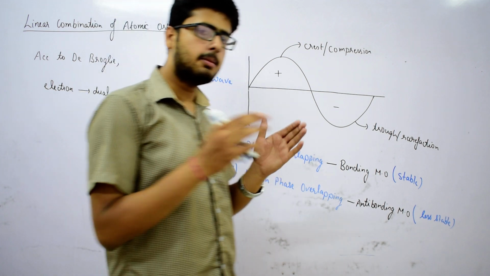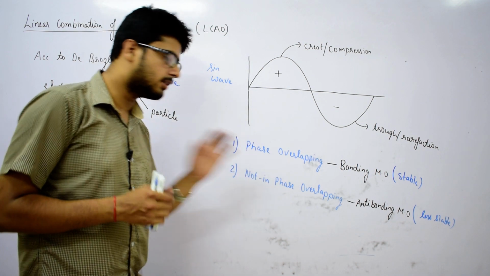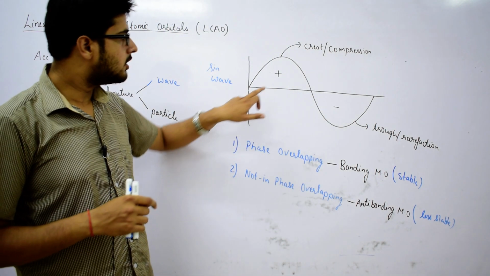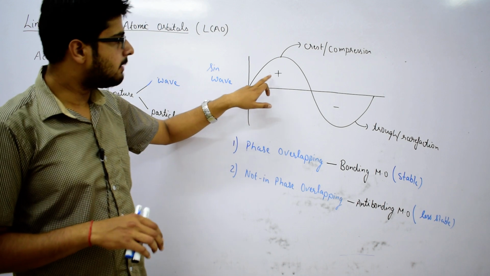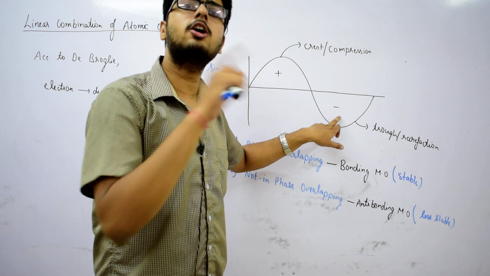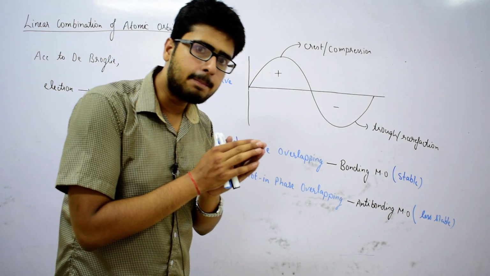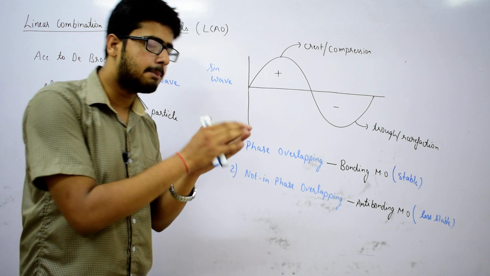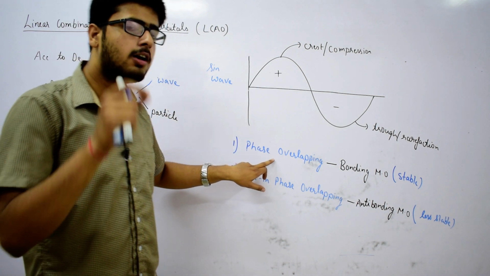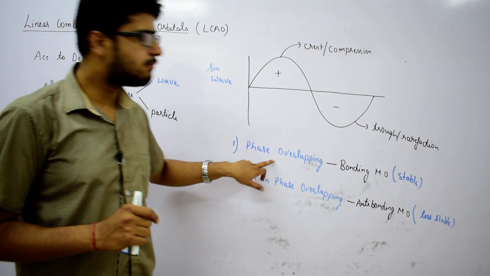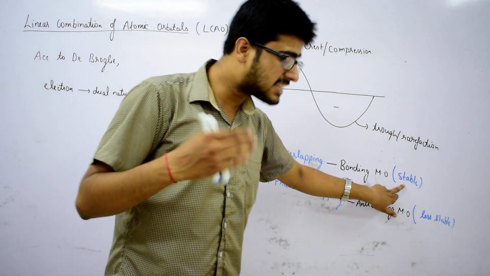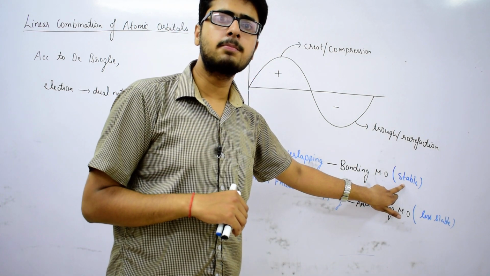So, this is all about phase overlapping and not in phase overlapping. Again, let us see what phase and not in phase overlapping are. If there is phase overlapping, meaning the crest of both atomic orbitals or the trough of both atomic orbitals overlap, then this is called phase overlapping, and bonding molecular orbitals are formed, which are stable due to less energy content.